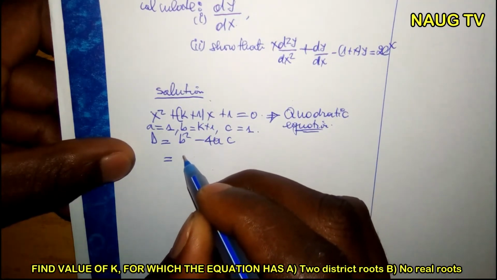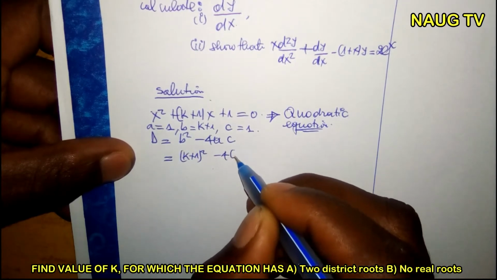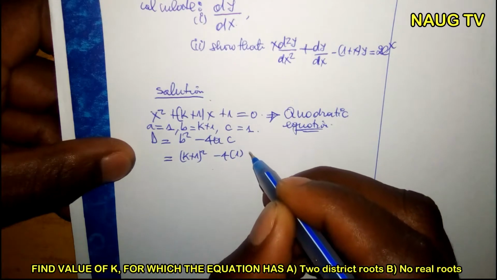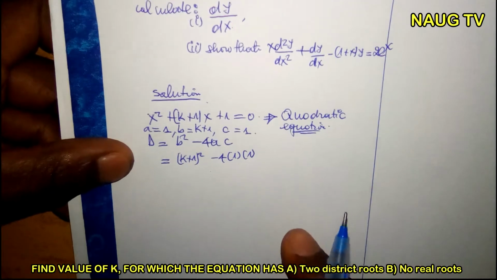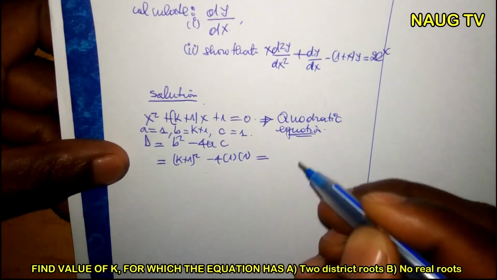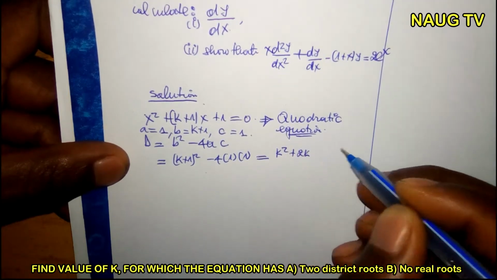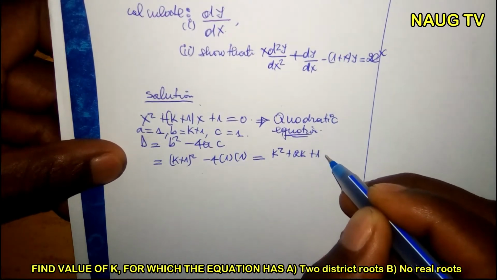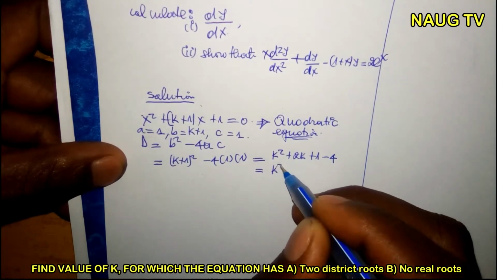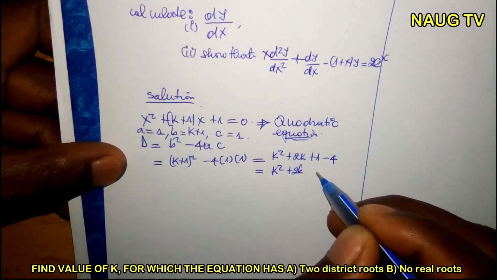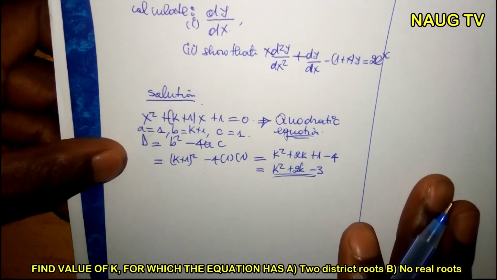I hope you will get (k plus 1) squared minus 4 times 1 times 1, as c and a equal 1 respectively. So here we have k squared plus 2k plus 1 minus 4, and this will give k squared plus 2k minus 3. Right, that is the value of delta.